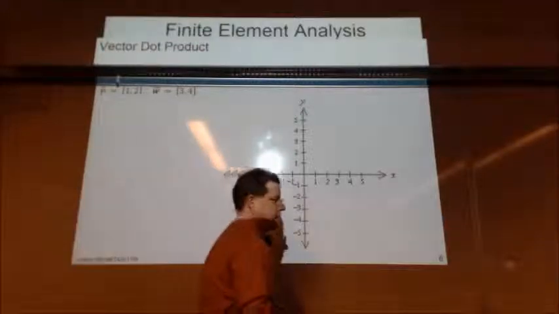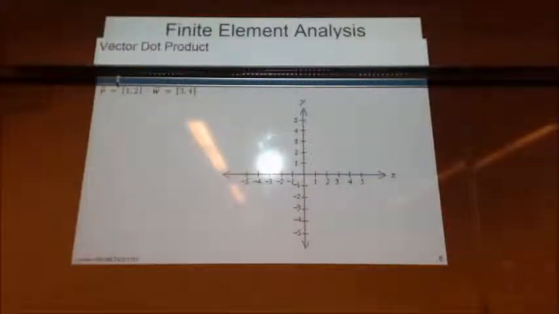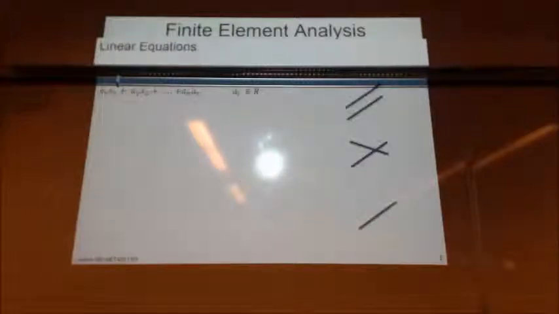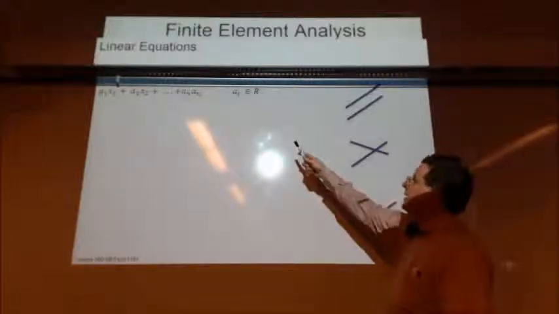If we look at the structure of a linear equation, we have a1 times x1 plus a2 times x2, as many values as we need.